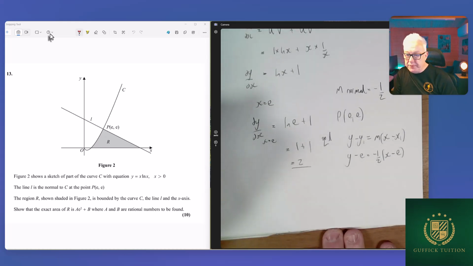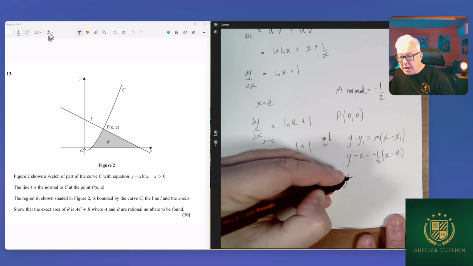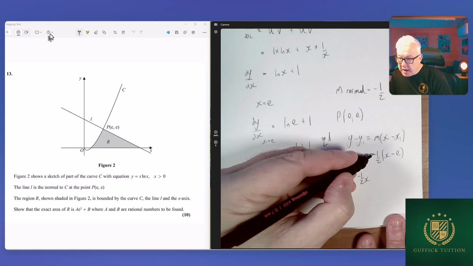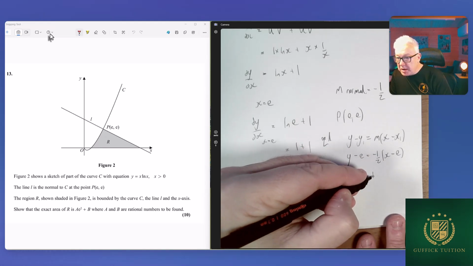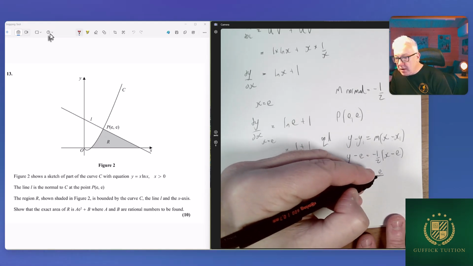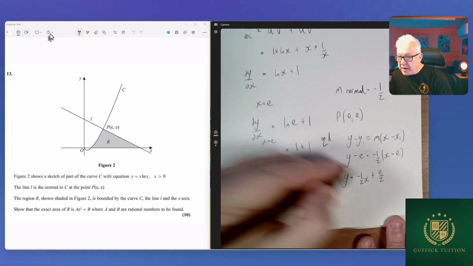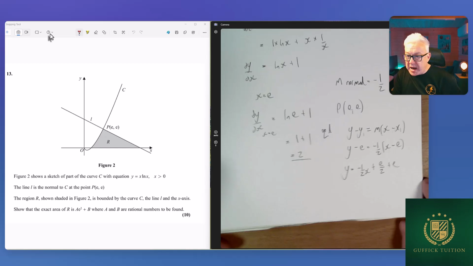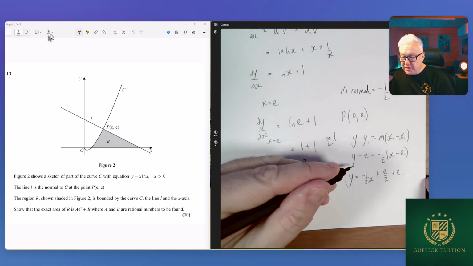That gives us y equals minus a half x, and minus times a minus makes a plus, so plus e over 2, and then we add e as well, bringing the e over to the other side. That's just expanding the brackets and taking the e over to the other side.